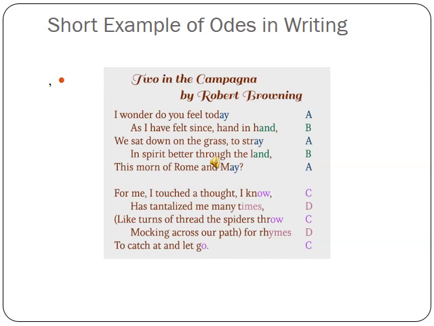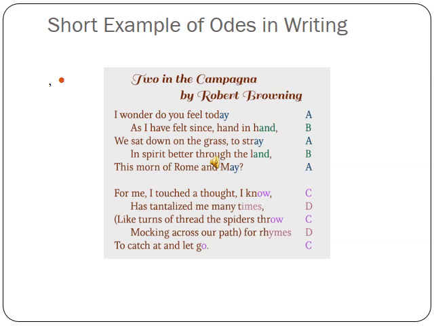It's short, not that long in length, and also the rhyme is A B and C D. And don't forget that the history of ballad comes from Europe, and ode comes from ancient Greece.